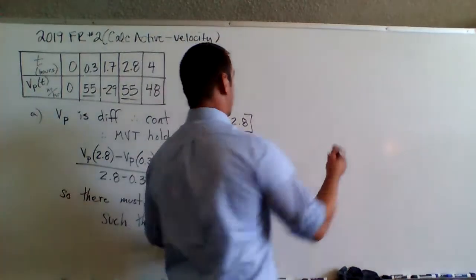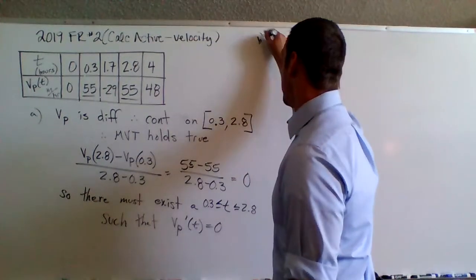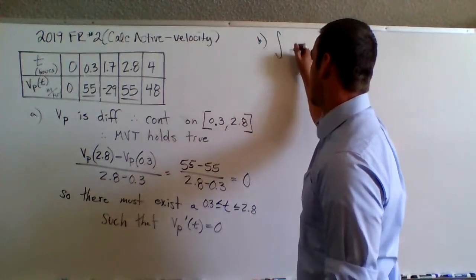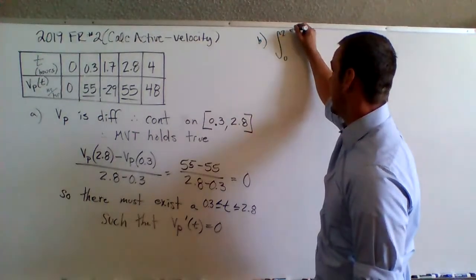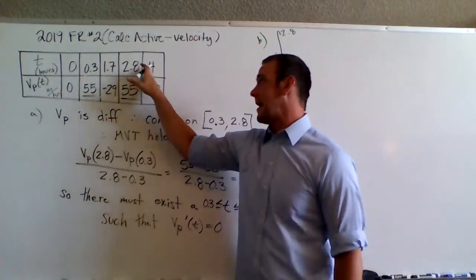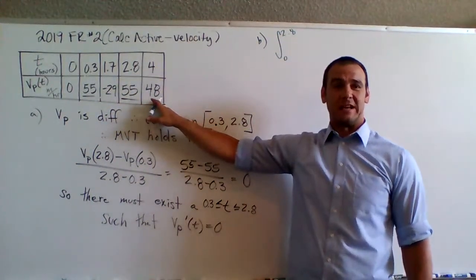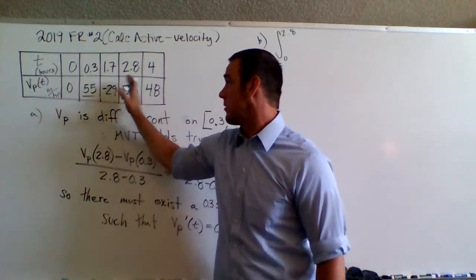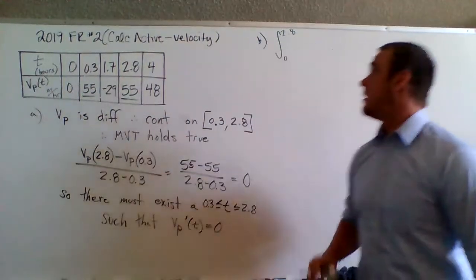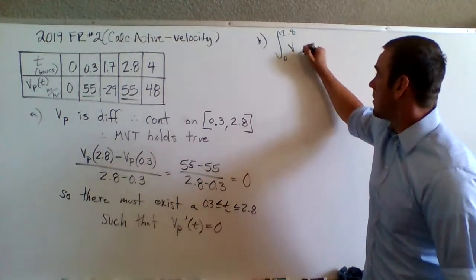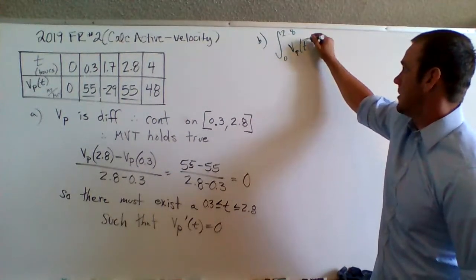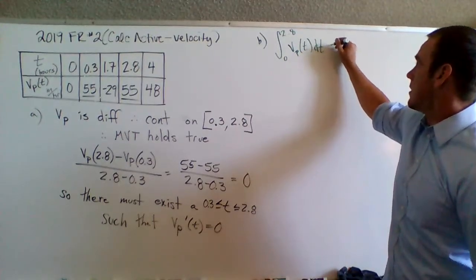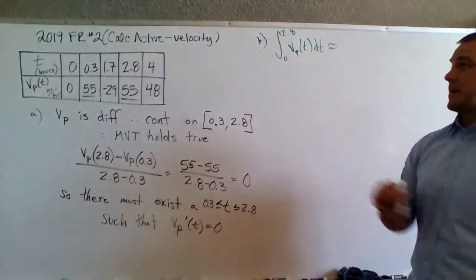All right, so for part B, we're saying the integral from 0 to 2.8. Just keep in mind we're not including this 4 and 48 here. We're only using these parts, or I guess 1, 2, 3, 4 parts here. This is just a notation you should be using. This is going to be an approximation.